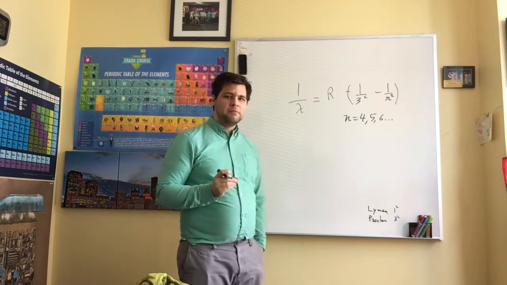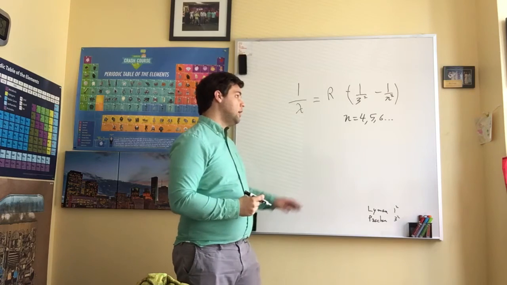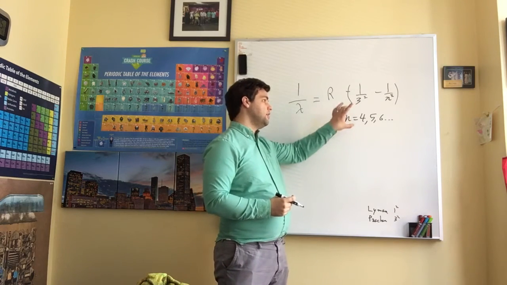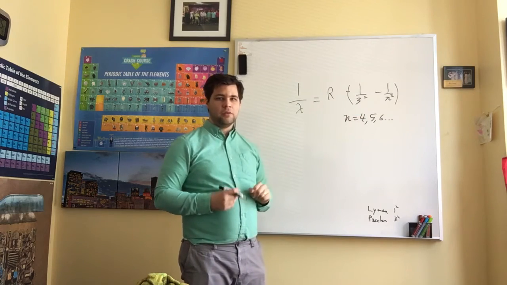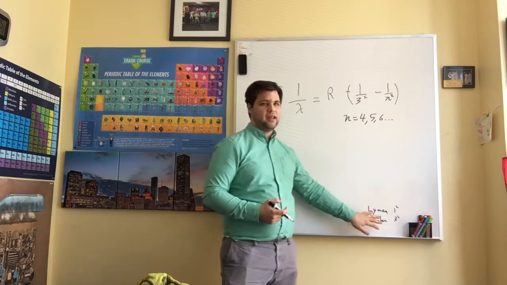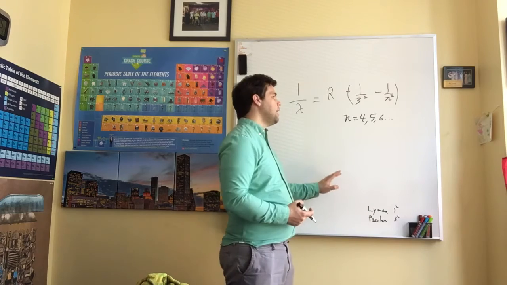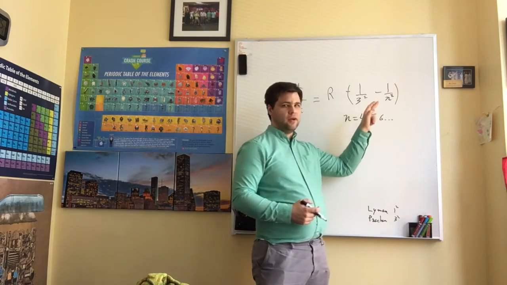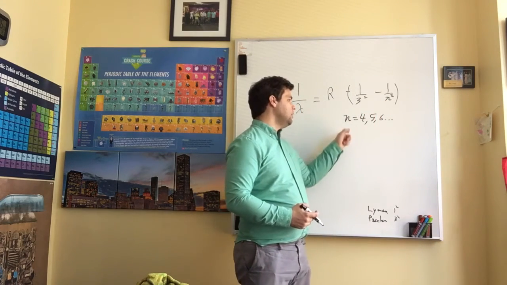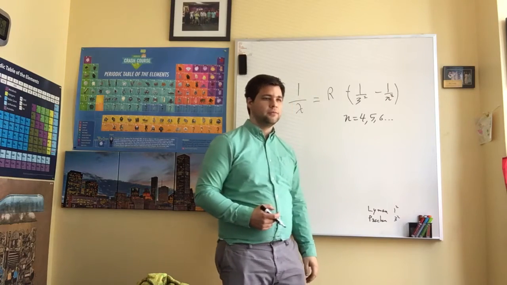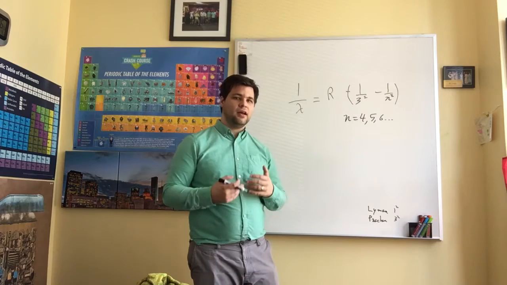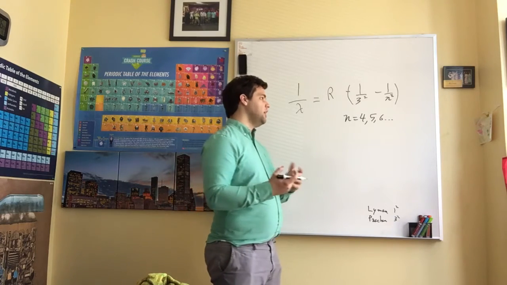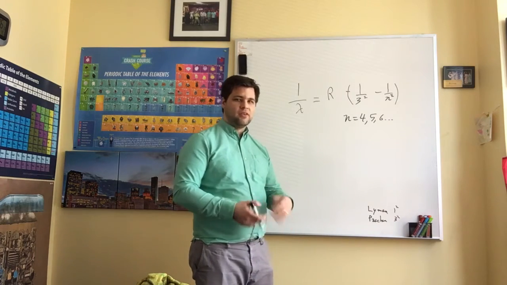So if you haven't picked up on a theme yet, the theme here is that this number can only take on integer values, in this case 1, 2, or 3, and this value also has to follow certain rules, and it can only take on integer values. So you've got what's called a quantization of, eventually, energy levels once we piece all this together.